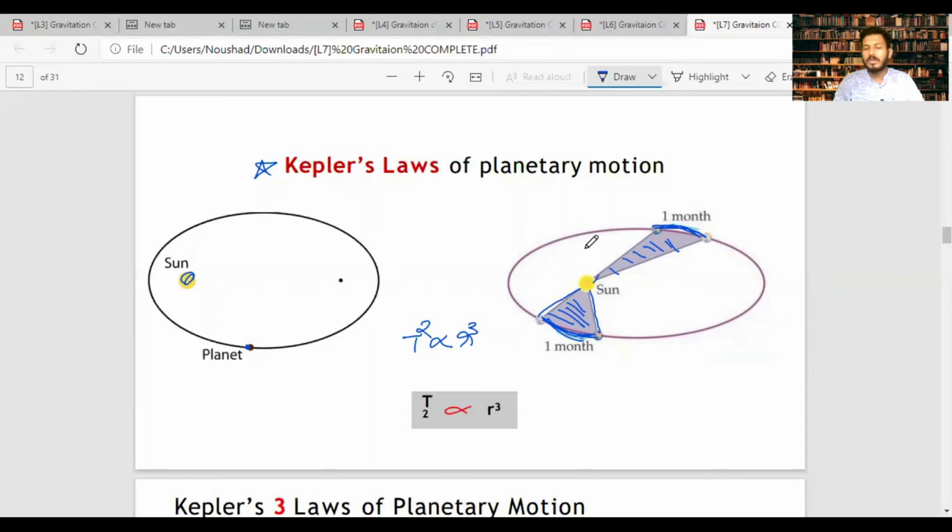We already studied this for the board exam. What does it mean that the area is the same? Here it moves faster, but here it moves slower, because the area is larger there. Here the area is lesser because it's close to the sun, so it moves faster.